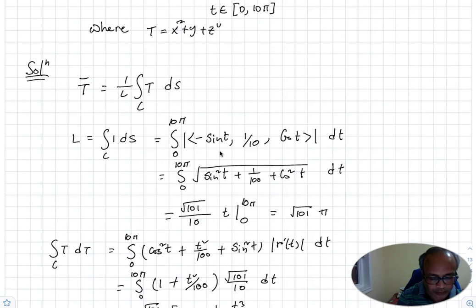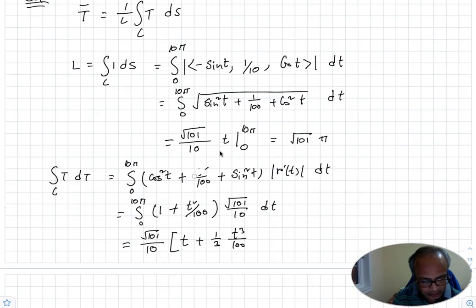So if I remove that square, just this term here will be changed. So let me just rewrite that. So that is t over 10.